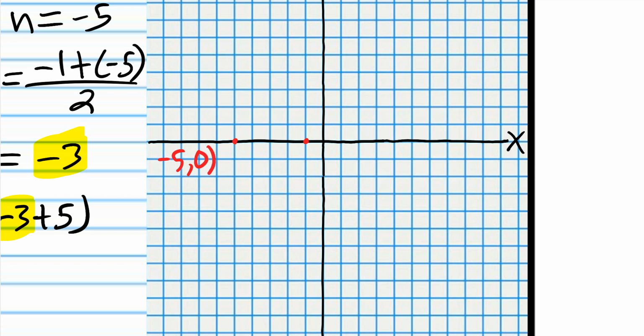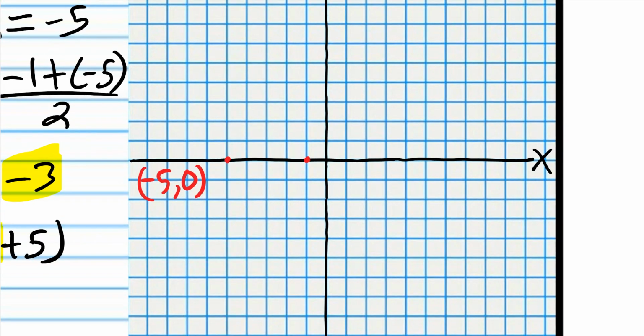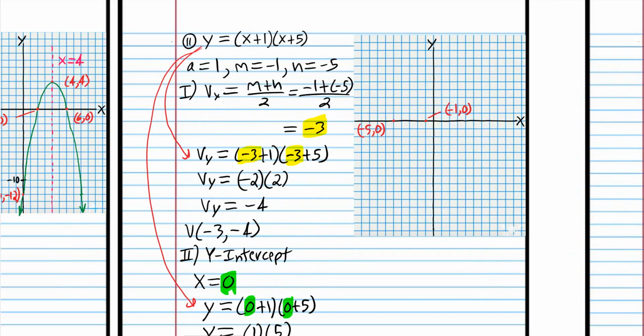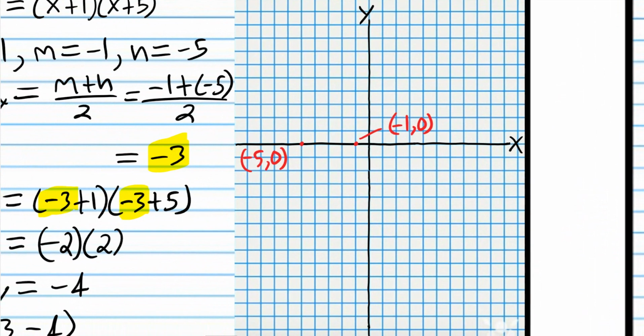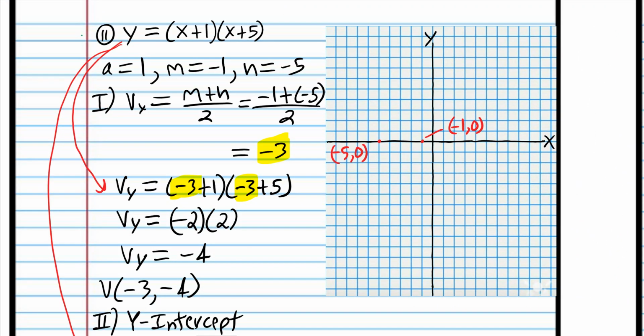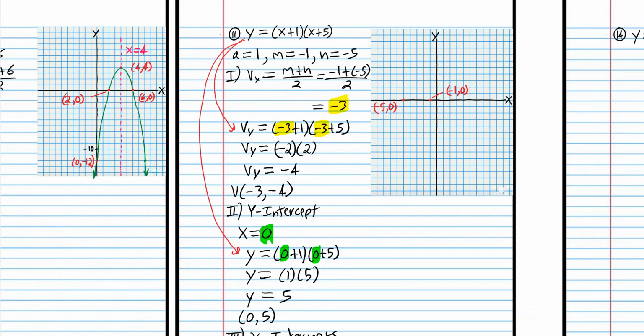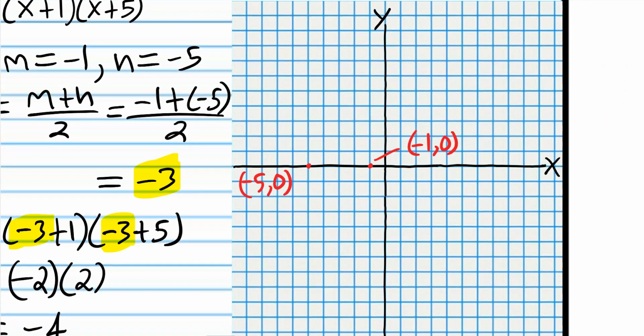Now I want you to label all these points. If I didn't mention that, I do want you to label all these points. Label the coordinates, or write the coordinates of the points on the graph. So the vertex is (-3, -4).